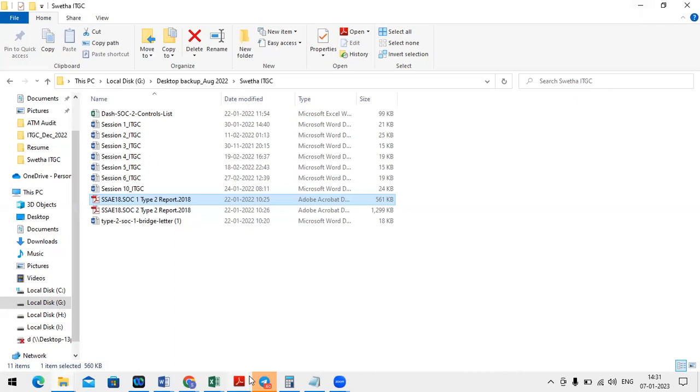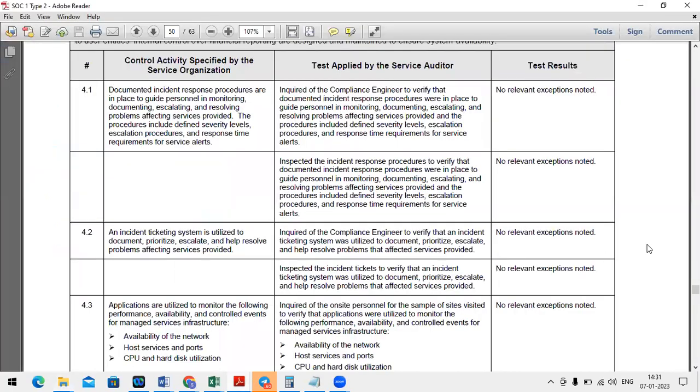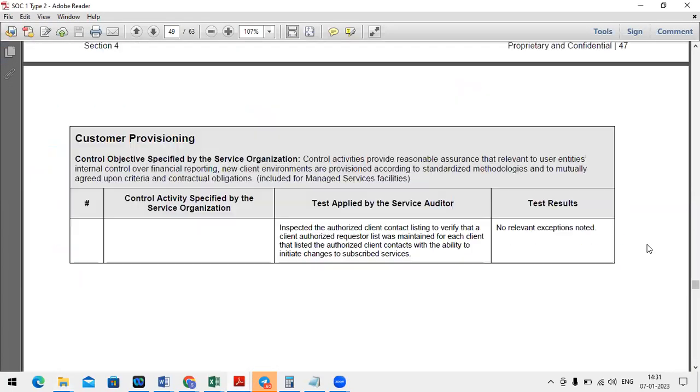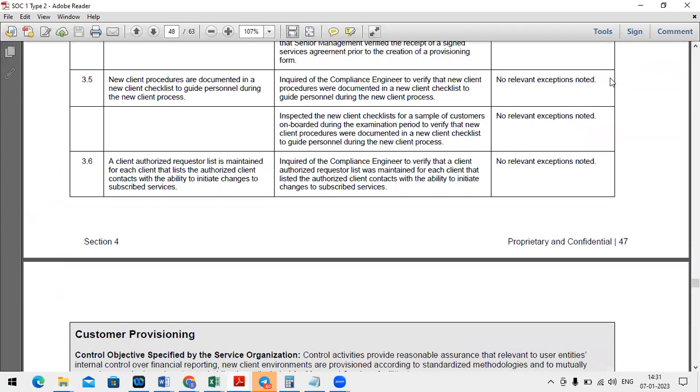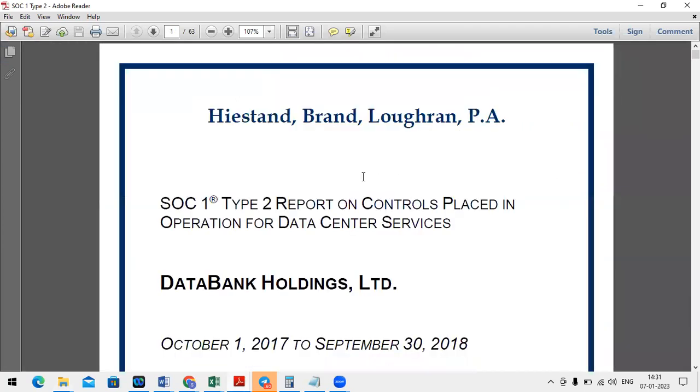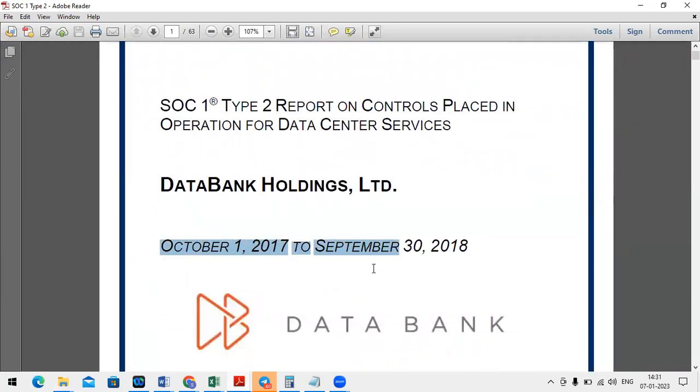So basically, if you can see here, at the very starting, there is something written: October 2017 to 30th September 2018.